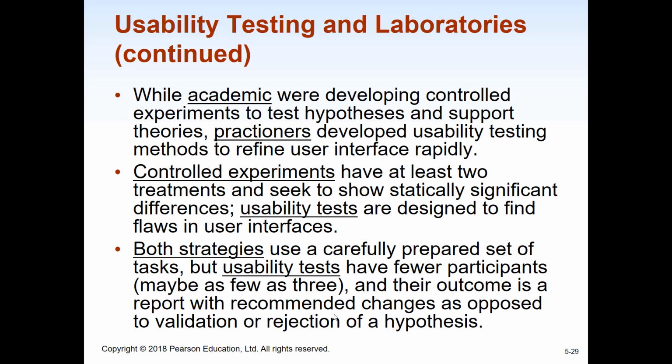Usability tests are designed to find flaws, errors in user interfaces. Both strategies, controlled experiments or usability tests, use a carefully prepared set of tasks, but usability tests have fewer participants, and their outcome is a report with recommended changes as opposed to validation or rejection of a hypothesis in the controlled experiment.